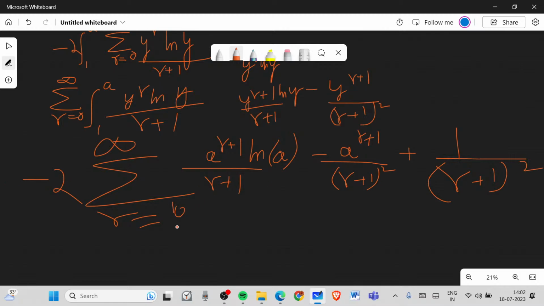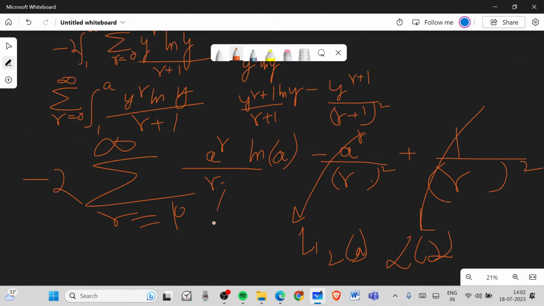Now changing index r to 1, erasing all r plus 1s. This is zeta at 2, and this is, I guess, minus 8 is Li2 a, this is Li1 a.